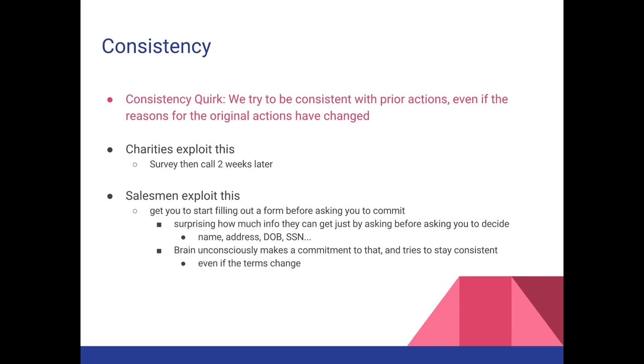It's often surprising just how much info they can get by asking you to decide whether or not you want to buy the product. I've seen salesmen be able to get name, address, date of birth, social security numbers, and everything else before they ask the customer whether or not they want to buy.